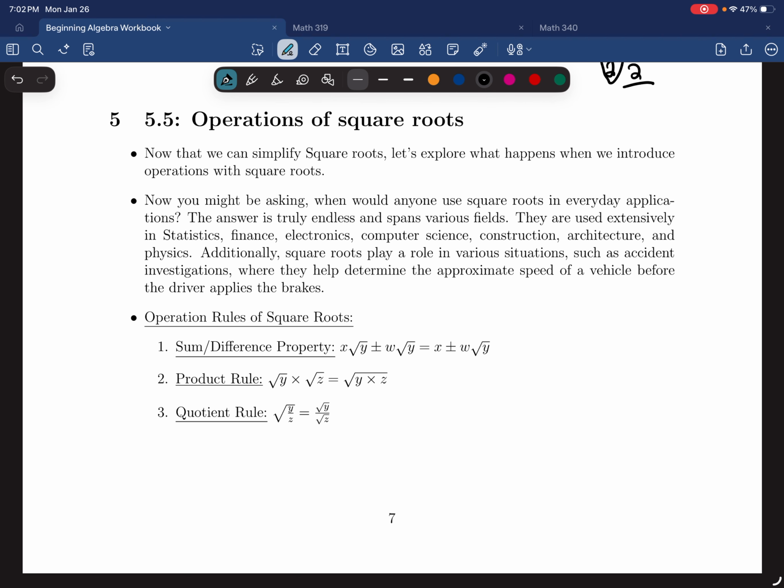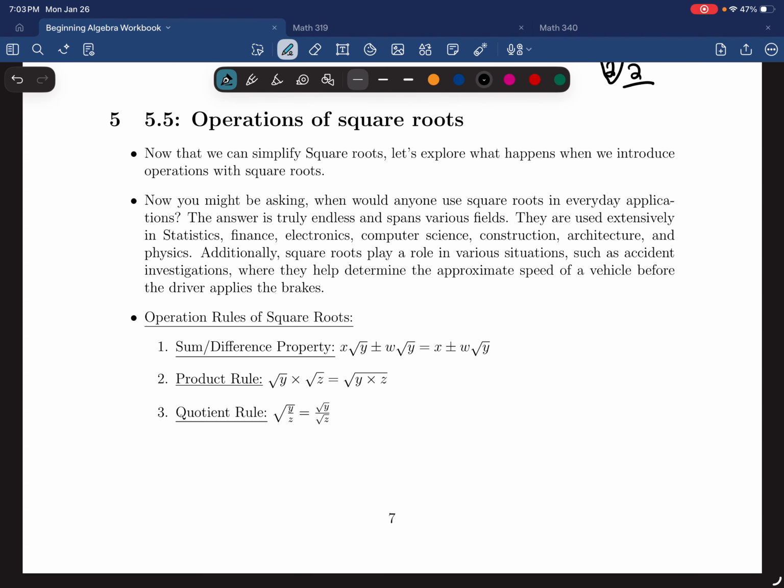For example, square roots play a role in accident investigations, where they help determine the approximate speed of a vehicle before the driver hits the brakes. So the applications of square roots are truly endless in the real world.